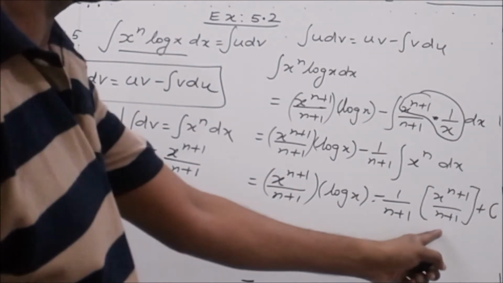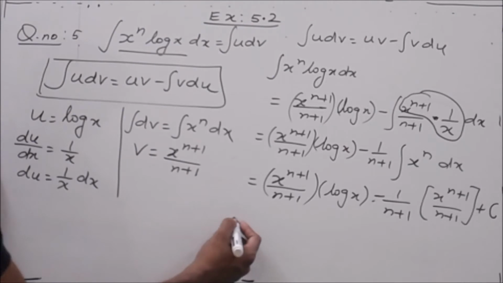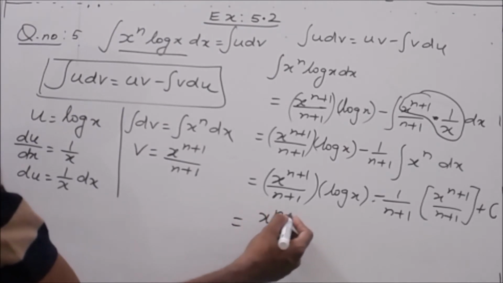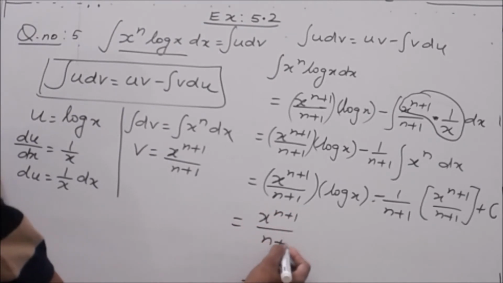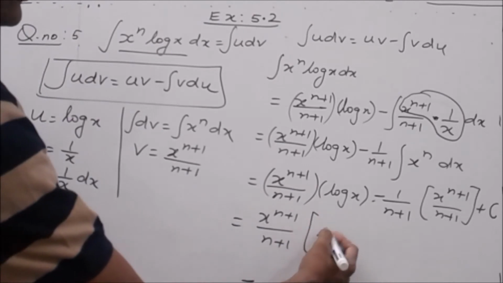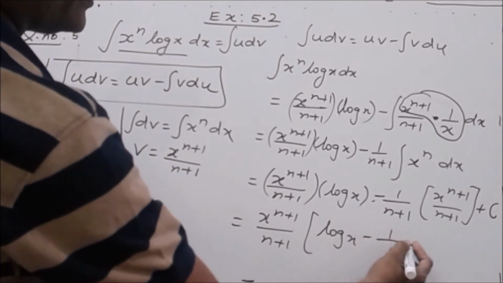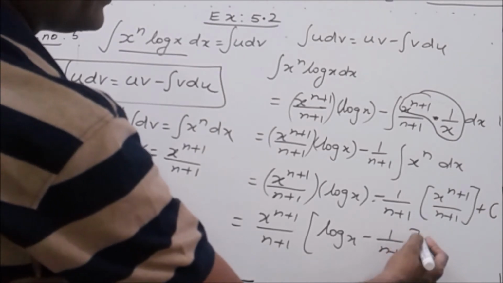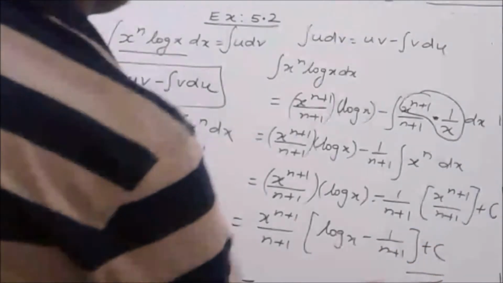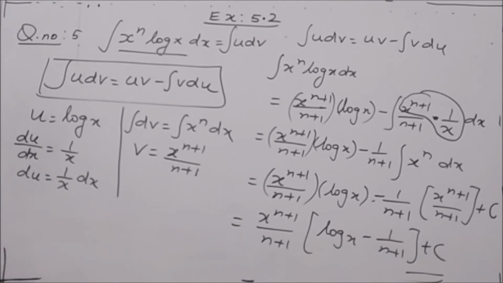Now taking x^(n+1) by n+1 as common, the remaining are log x minus 1 by n+1, plus c is the answer for integral x^n log x dx.